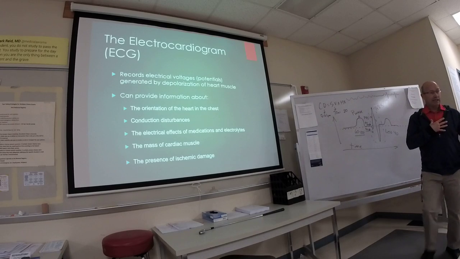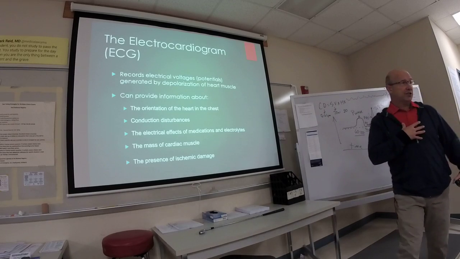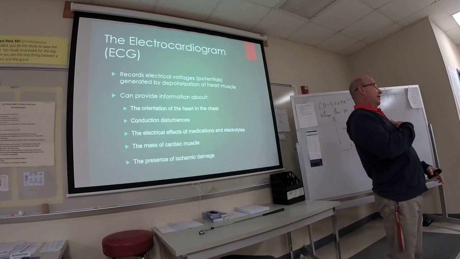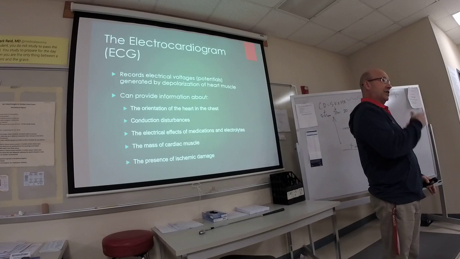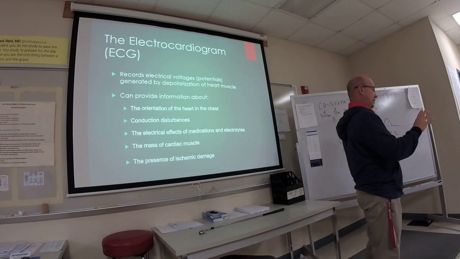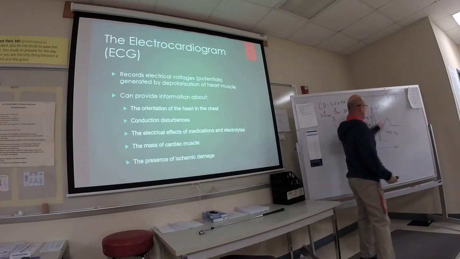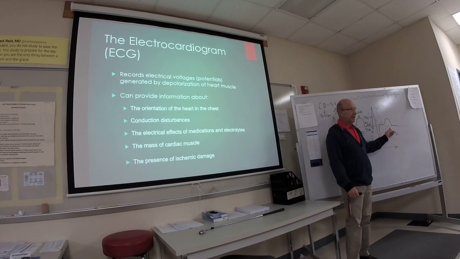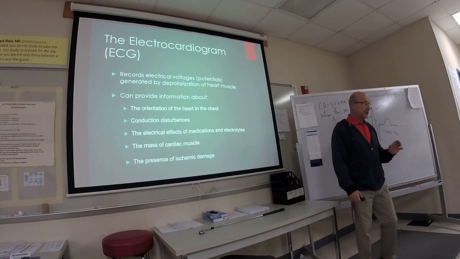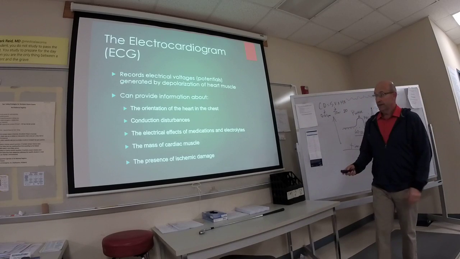But we also get an abnormal axis deviation when we lay flat or we lay on our side. It's important only in the fact that it's going to change the size of this QRS complex, but it's not going to change the makeup of it.